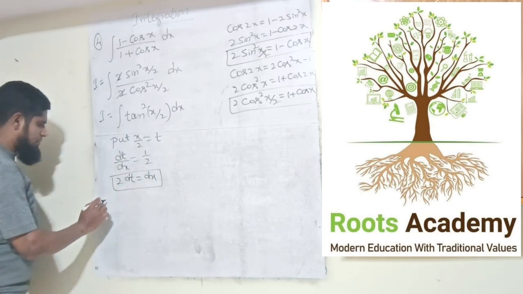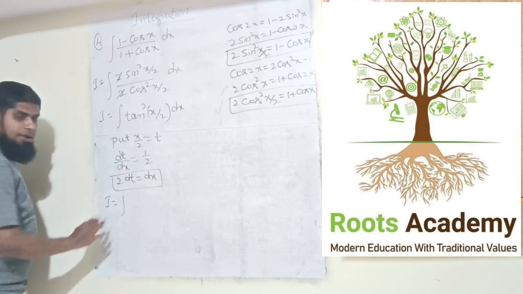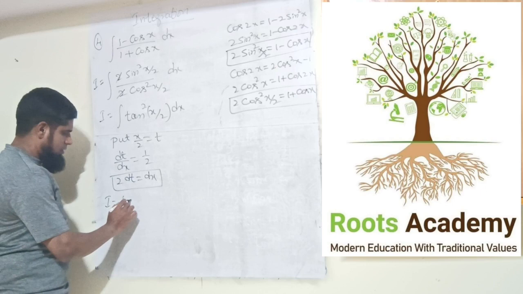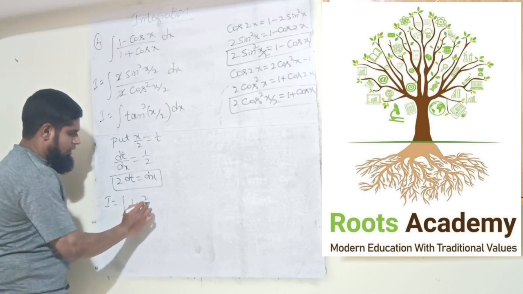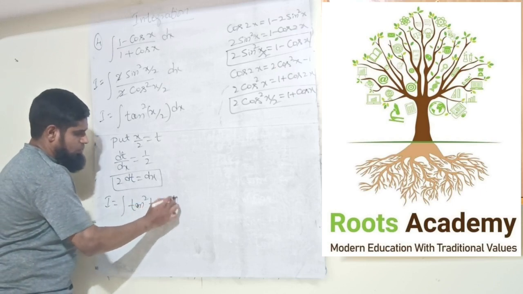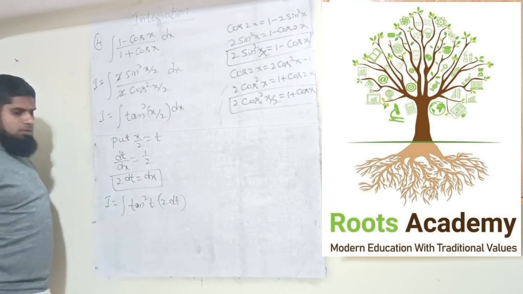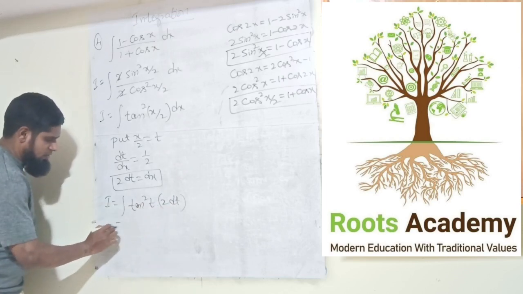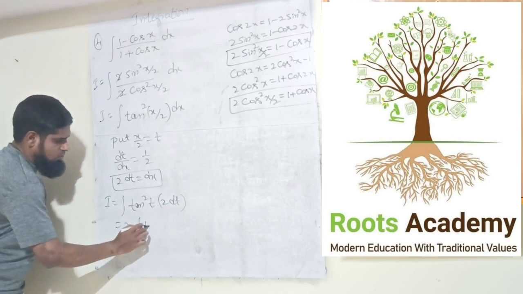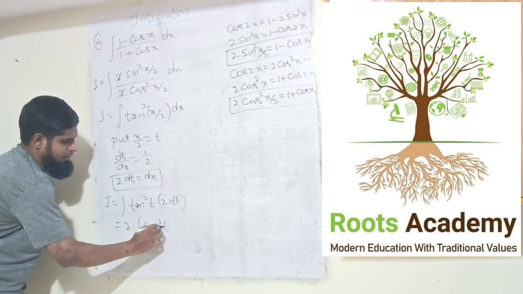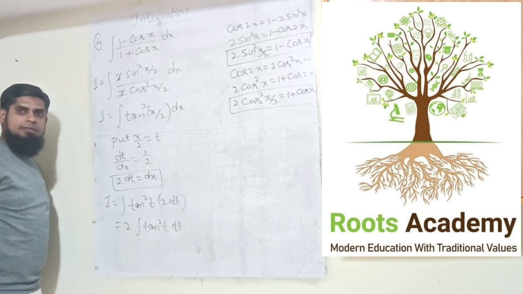So the given integral becomes integral of tan square t into 2 dt. I can take the 2 outside the integral: 2 times integral of tan square t dt.